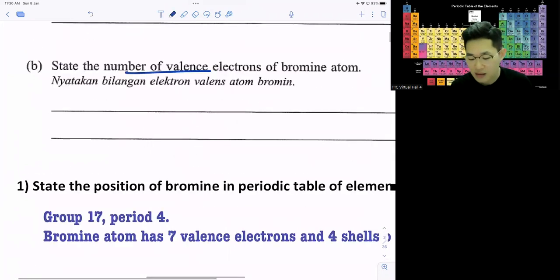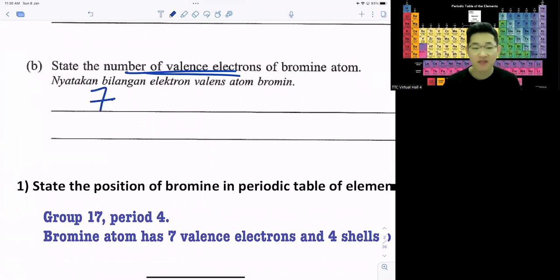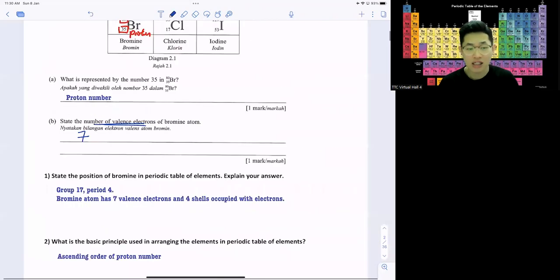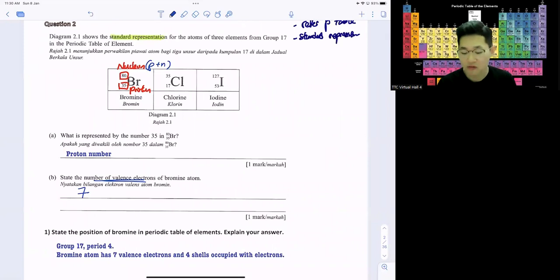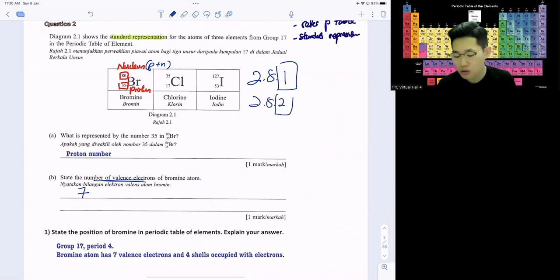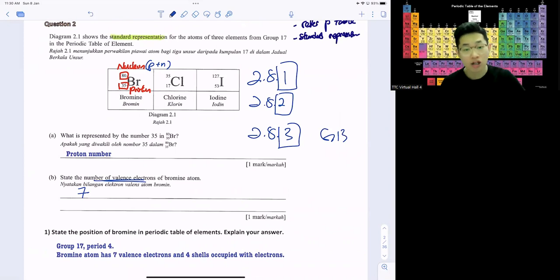Group 17 means they will be having 7 valence electrons. Because valence electron is used to determine the group. If it is 2.8.1, then it will be in group 1. 2.8.2, group 2. But when it goes to 2.8.3, it will be group 13 and onwards.